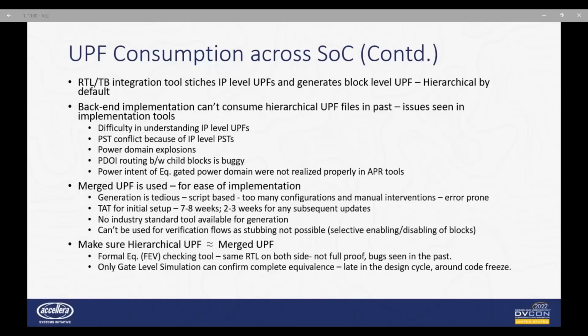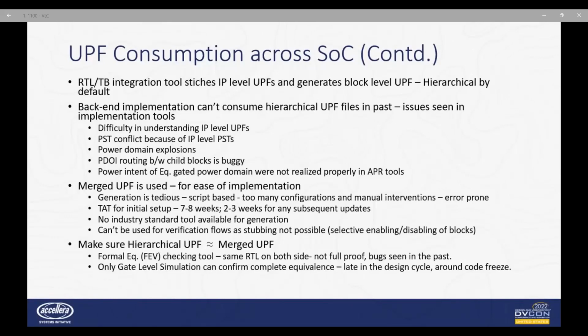We cannot use merge UPF for the verification because verification requires selective enabling and disabling of blocks, and in merge UPF that is not possible. And to validate the merge UPF, there is only one way in front end. The way is to run formal equivalence check on this UPF.